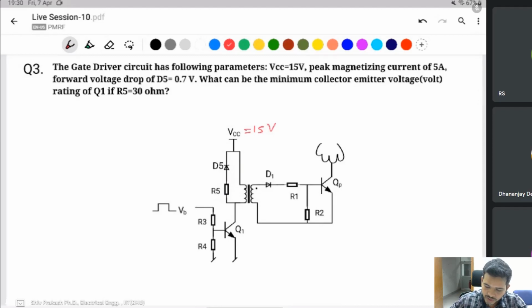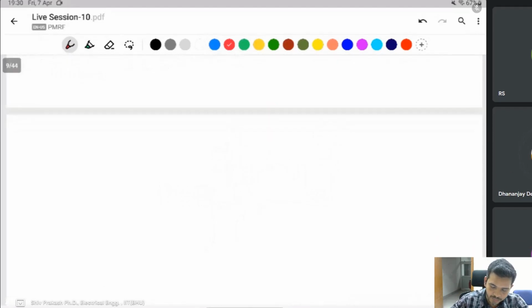This one is required where the upper side switches are like a buck converter.